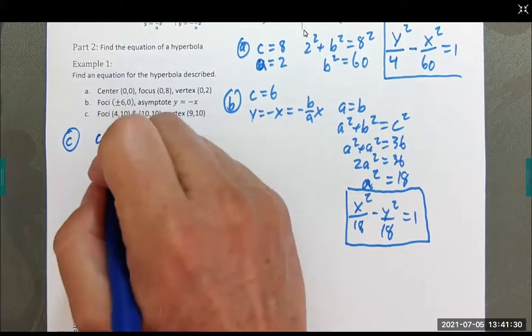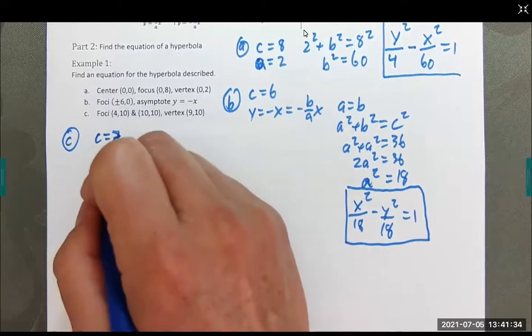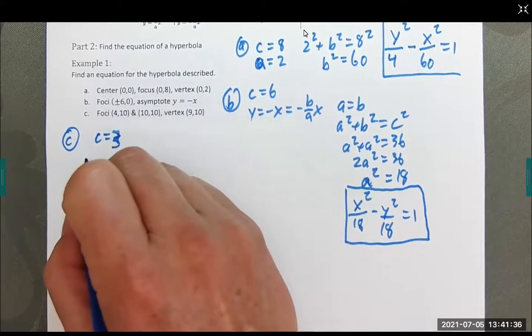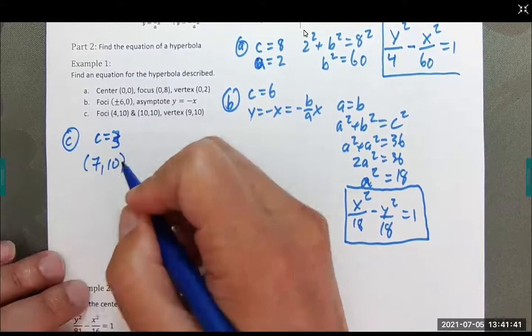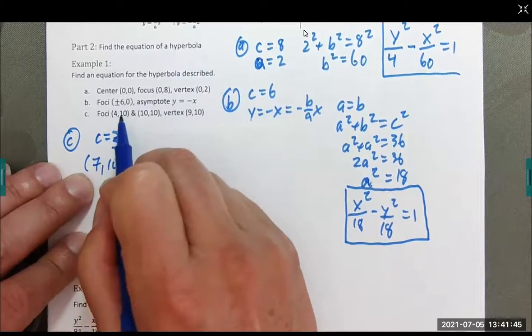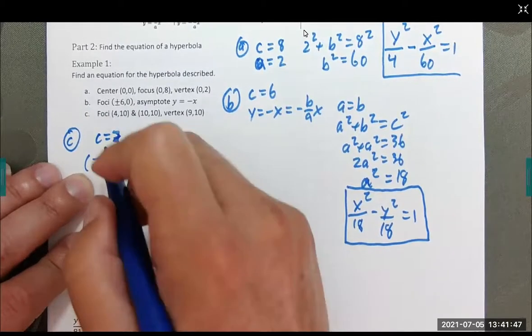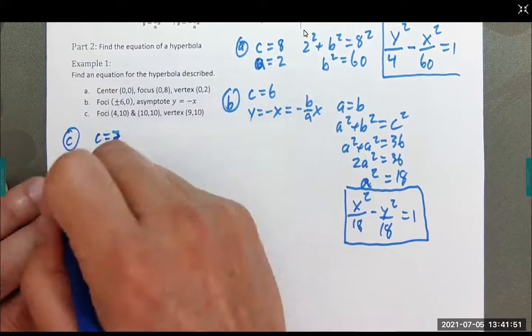C is 3, pardon me. The center is going to be at 7, so our center is going to be at 7, 10. Now, I know that because, once again, 10 plus 4 is 14 divided by 2. There's our x. The y is still going to be the 10. And how far away is the foci from the center? This is, again, the center.